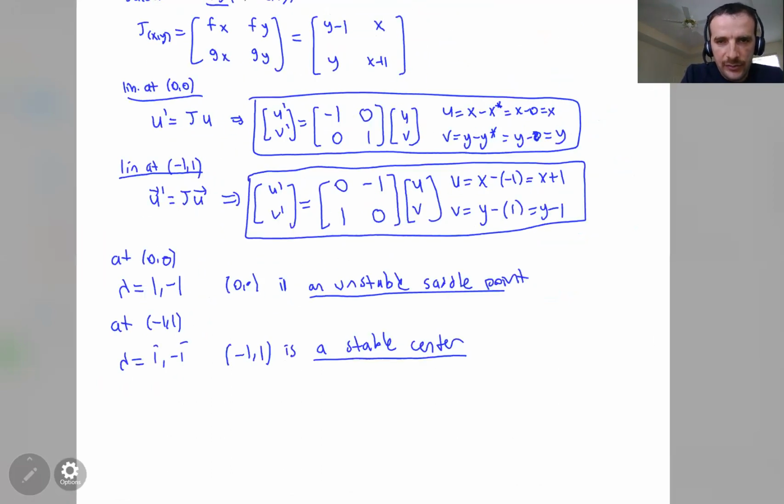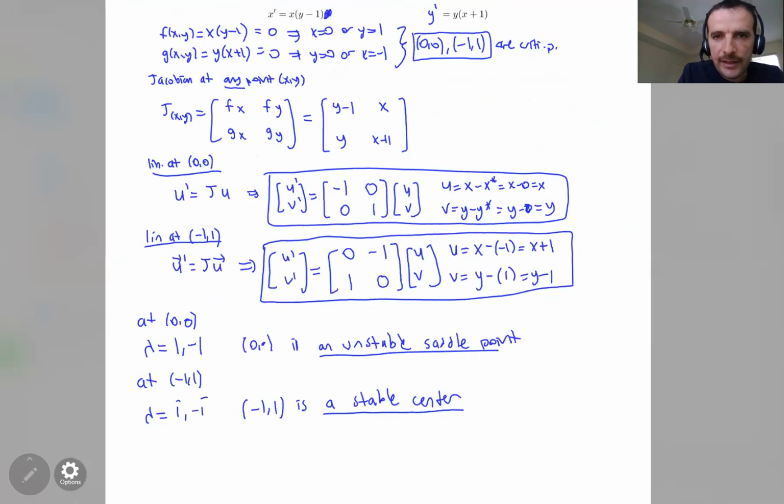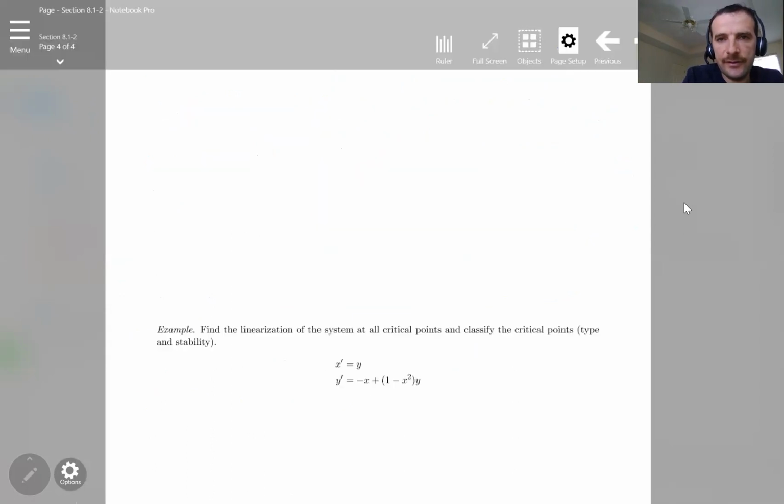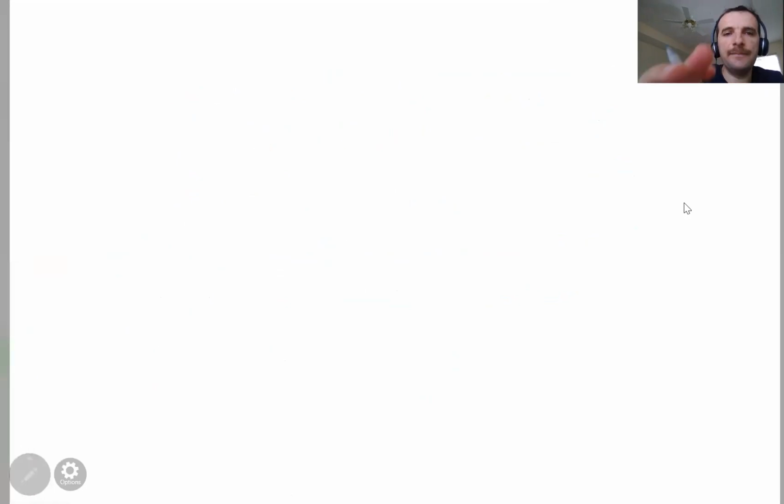Okay, so I think I can draw it in the next page. Okay. First of all, let's draw the XY plane.